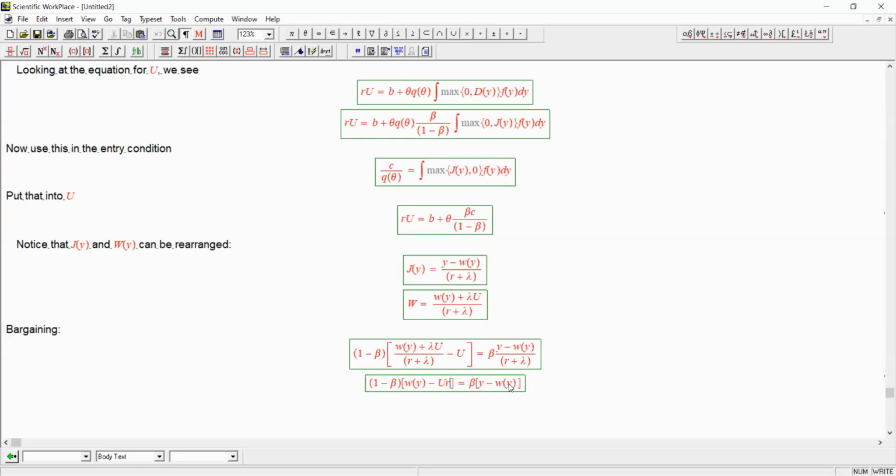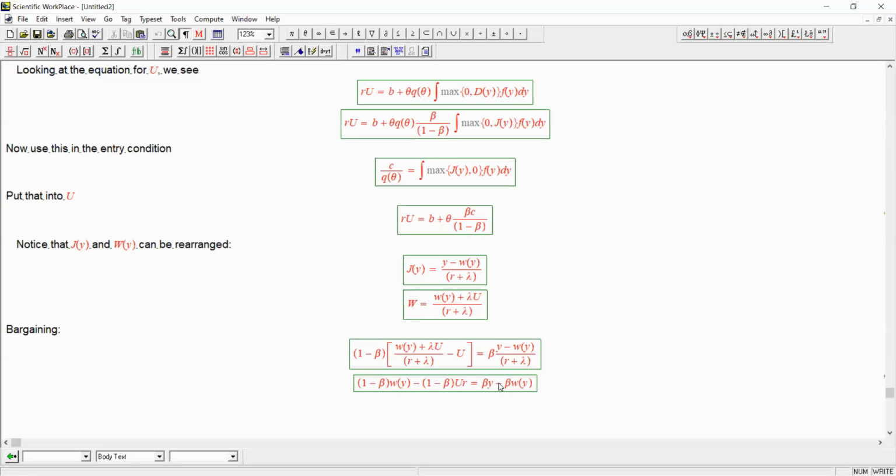What next? Expand terms. Beta y minus beta the wage. 1 minus beta the wage times this.